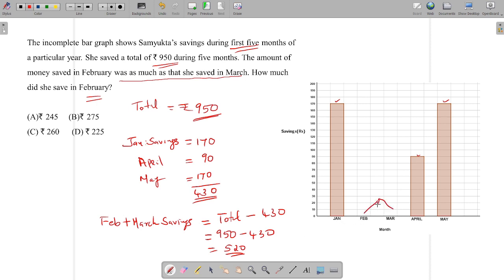So February's savings will be half of 520, that is 1 by 2 into 520, which is rupees 260. So the correct answer is rupees 260, that is answer C.